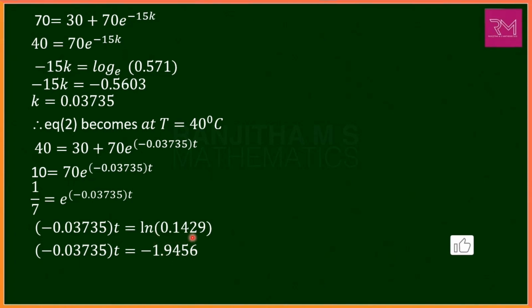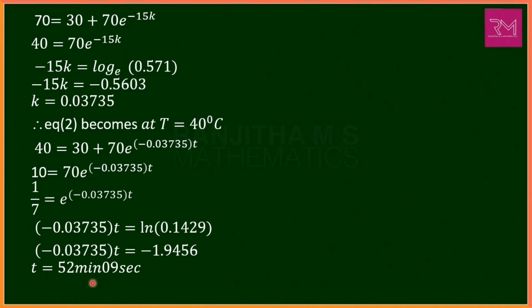That is the value of minus 0.03735 into t. Take this value to the right hand side, that becomes t is equal to minus 1.9456 divided by minus 0.03735. We get the value of t, the time taken to reach a temperature of 40 degrees Celsius, as 52 minutes 9 seconds.